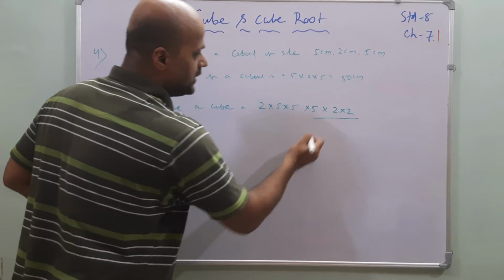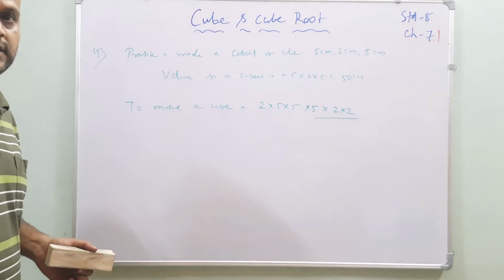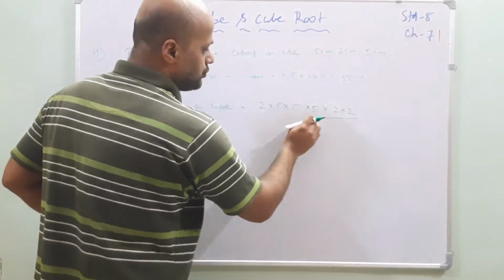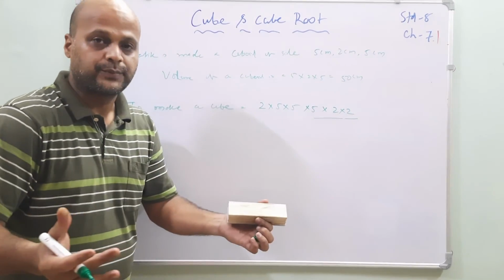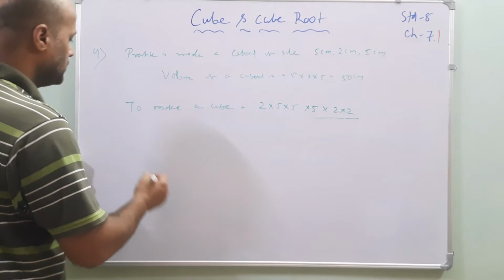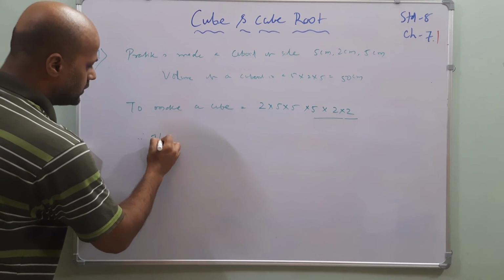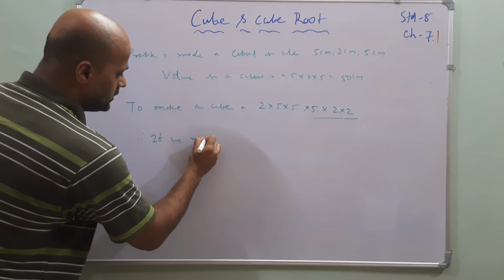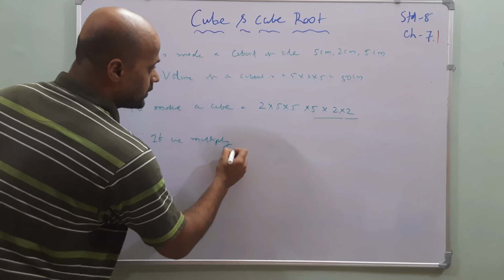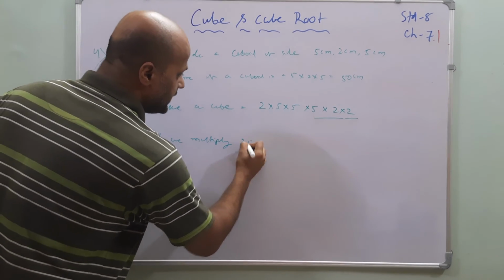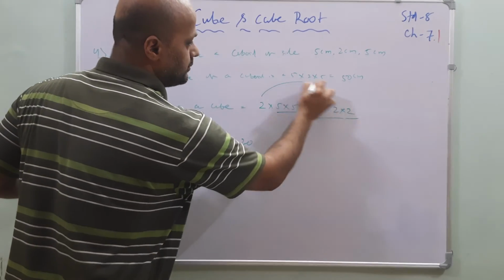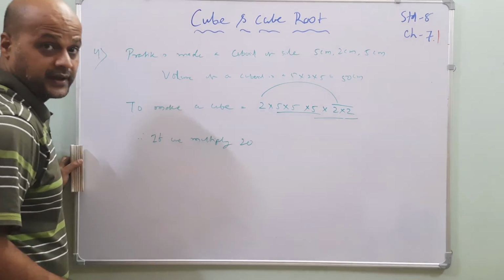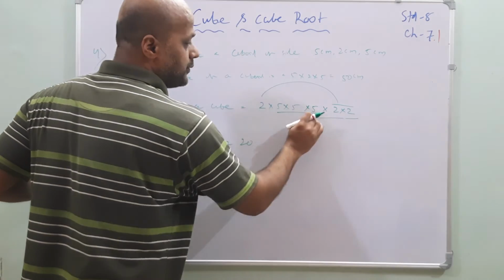Means if I multiply 20 with 50, so that the cuboid made by Pratik is a perfect cube. Therefore, if we multiply 20, 5 into 2 into 2, means 2 pairs, here also making 1 pair. 2 having 1 pair, 5 having 1 pair.